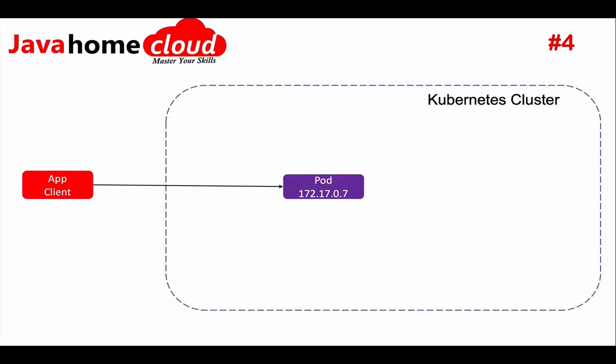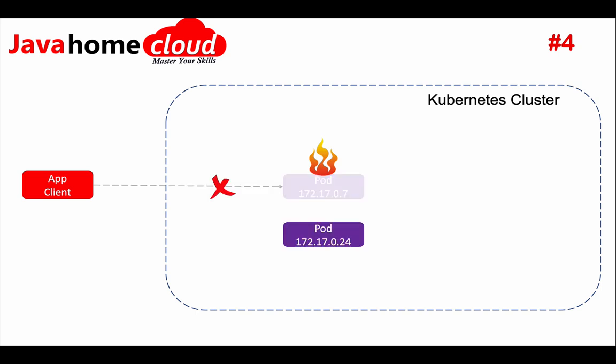For instance, if app clients can talk to pods directly from outside the cluster, there might be a case when a pod crashes, and the Kubernetes cluster is going to create a new pod to replace it. In such cases, the app client needs to get the pod IP dynamically in order to interact with the new pod created by the cluster. It's very difficult for app clients to keep track of the pod IPs.